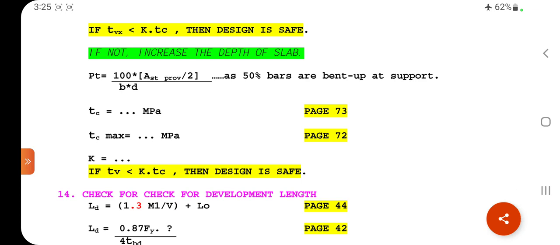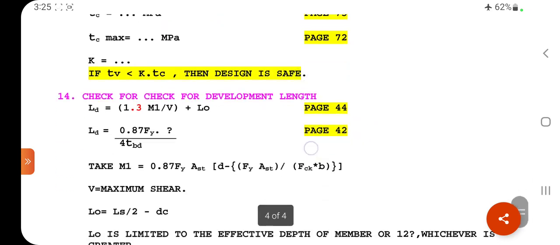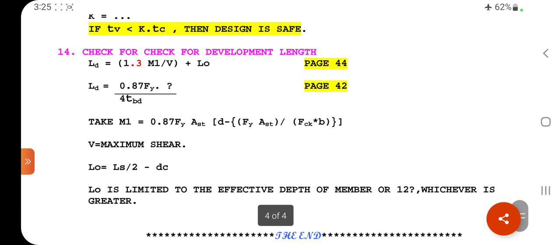Now pt at the support: as we provide 50% bent up bars, alternate bars are bent up, so pt provided is 50%. Tau c max from page number 72, tau c from page 73, k into tau c, therefore this design is safe. Lastly, we give the check for the development length.